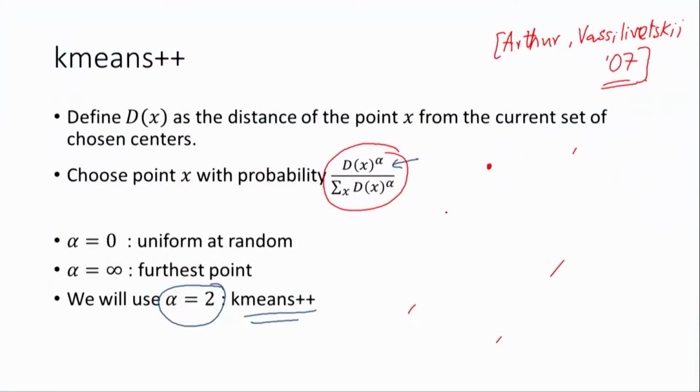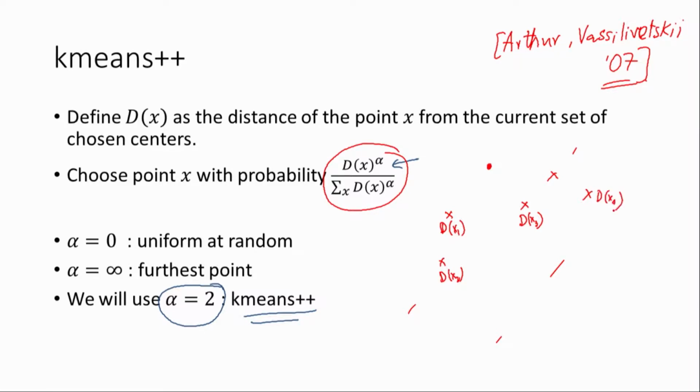We start with the first center. Let's say we choose that uniformly at random. Then, when we go to selecting the second center, we take everybody's distance with respect to the first center. So this gives me d of x1, d of x2, d of x3, and so on, and this is d of x4.